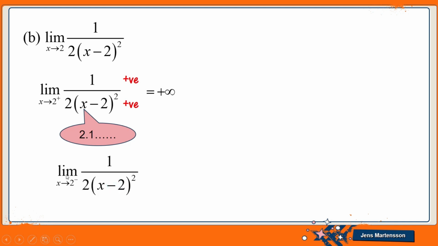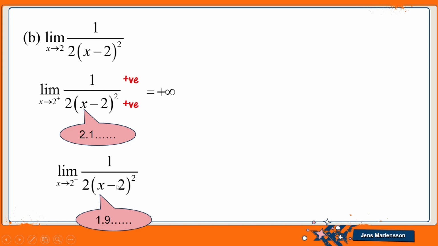Okay, for the limit of 1 over 2 times (x minus 2) squared, when x approaches 2 from the left, we substitute a value that is very close to 2, such as 1.9. 1.9 minus 2 is negative 0.1.